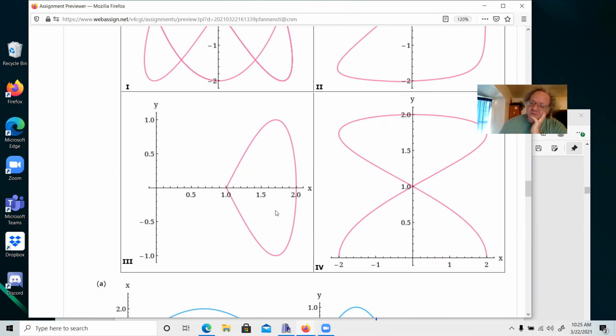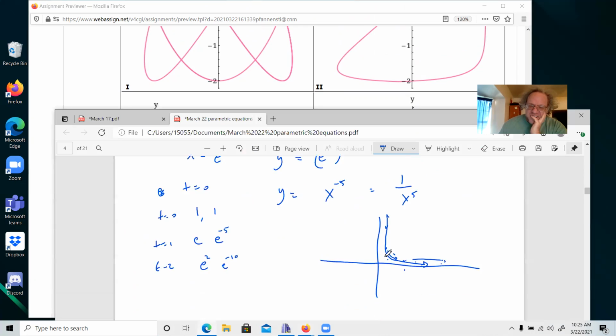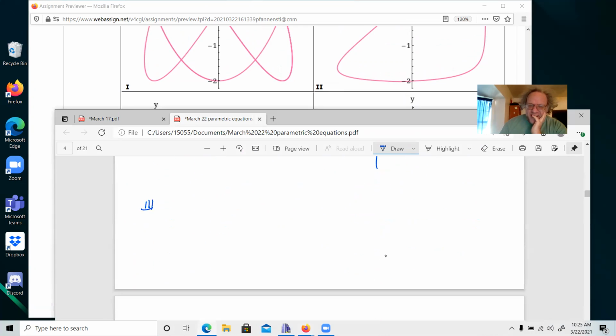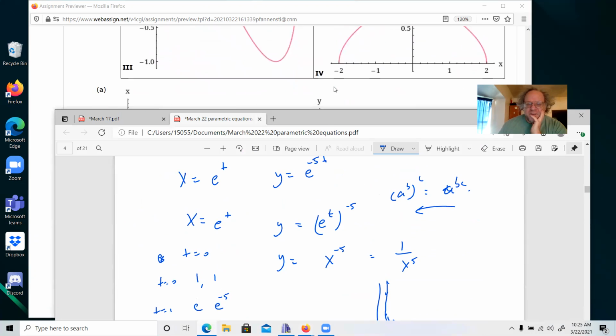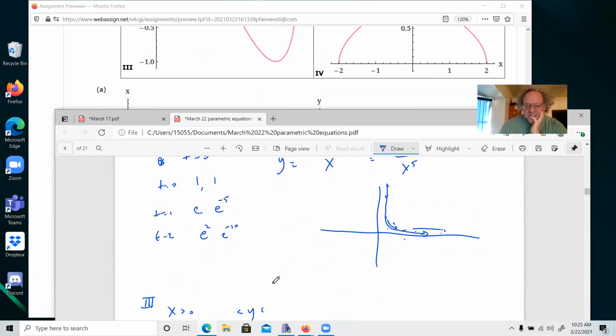Y's can be positive or negative, but in graph 3, my x's are all positive. Y is between, looks like -1 and +1.